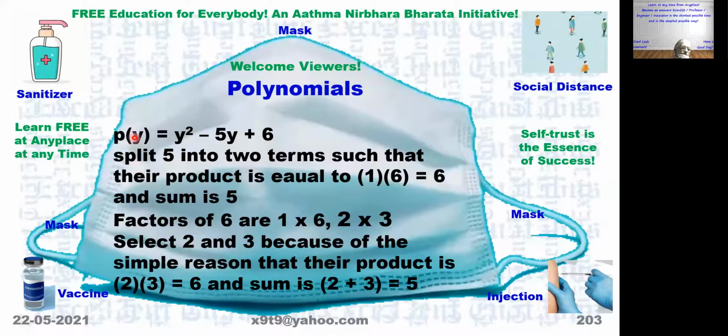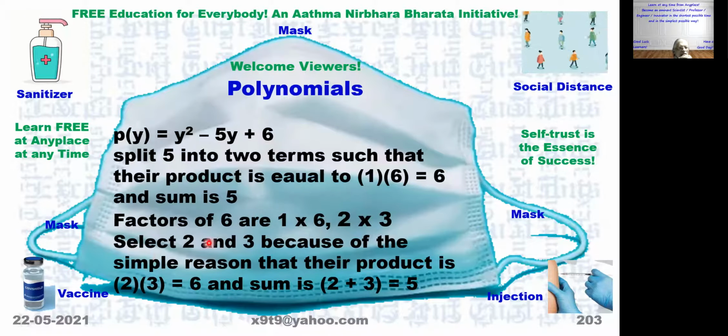So P(y) in this problem, the letter P(y) is used because y is the variable used in the polynomial. Split this 5 into two terms such that their product is equal to 1 into 6, equal to 6, and sum is 5. Factors of 6 are 1 into 6 and 2 into 3 only, because next we will find 3 into 2 and 6 into 1, which are the same as these.